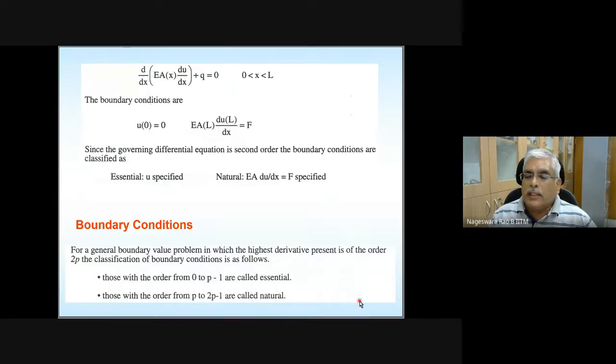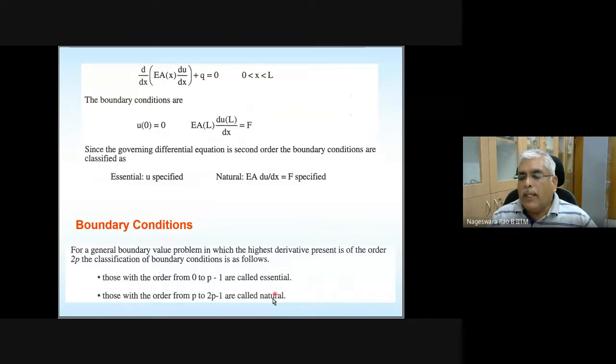So, when a differential equation is given, you need to watch out what is the order of that differential equation. If it is 2p, those boundary conditions of order 0 to p minus 1 are essential. P to 2p minus 1 are natural.